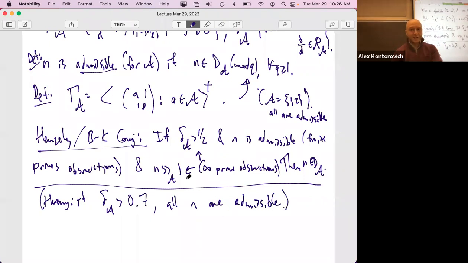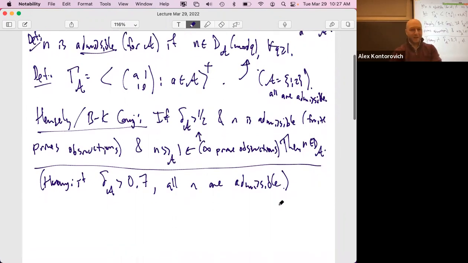And of course, that's not a necessary condition, because this dimension is just above a half. So you can have all numbers be admissible and have a smaller dimension. But if you want to guarantee that regardless of the alphabet, as long as the dimension is sufficiently large, every N is admissible, then Huang identifies exactly when that happens. And he identified the maximal dimensions and the alphabets which fail.